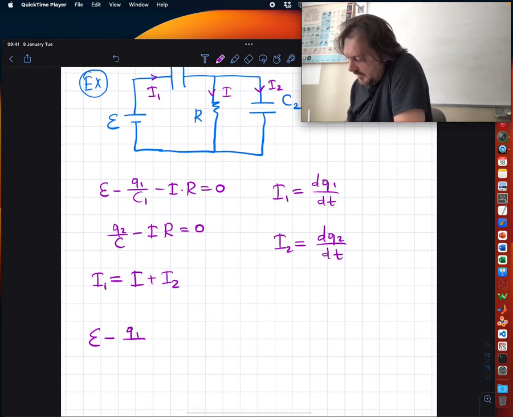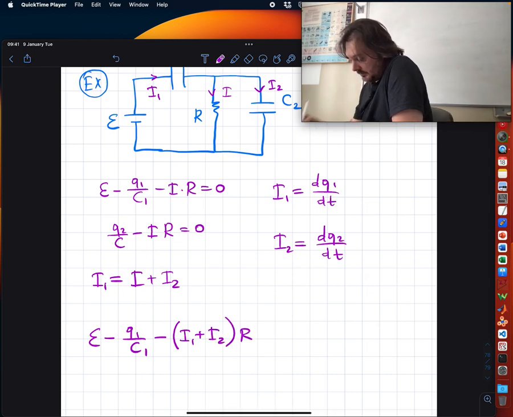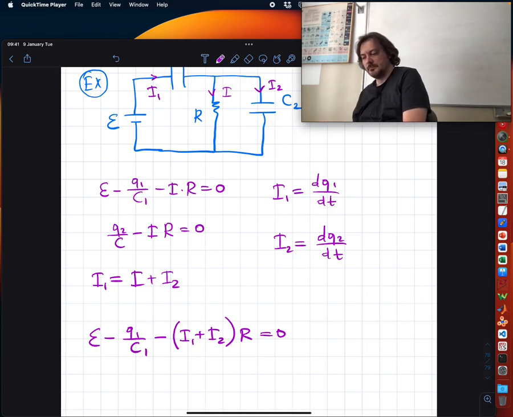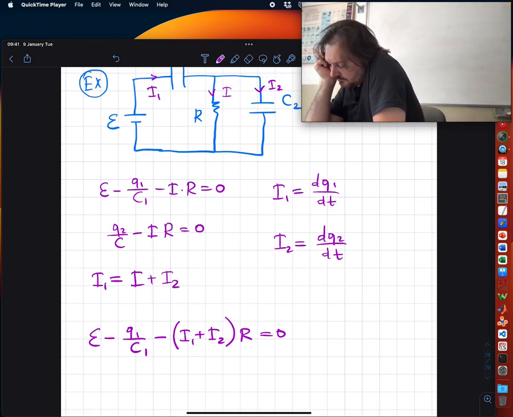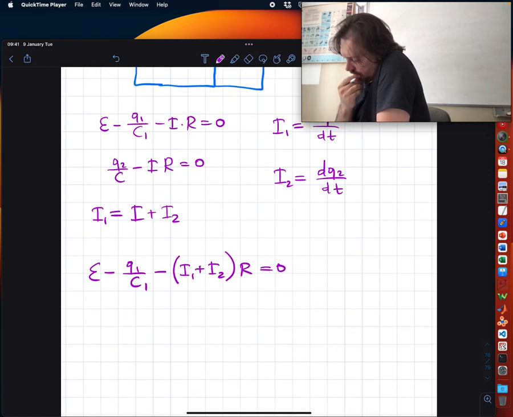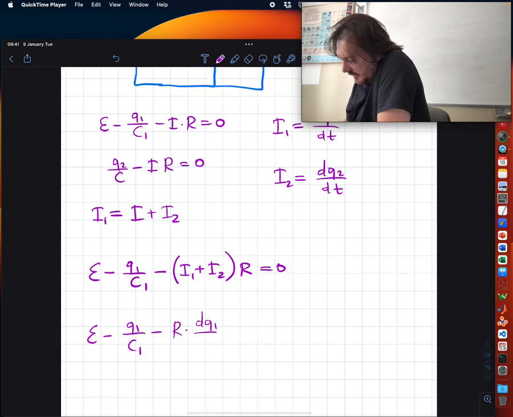So Q1 over C1 minus (I1 plus I2) R equals 0, right? What is I1? R times dQ1 over dt.